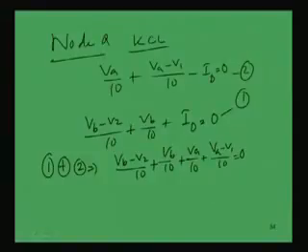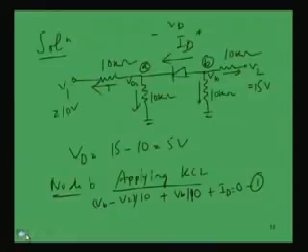Now we see that V2 and V1 we know. Another thing we notice is: what is VA? VB minus the diode drop of 0.7 is equal to VA, the difference in the potential.